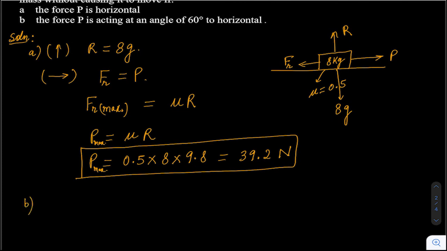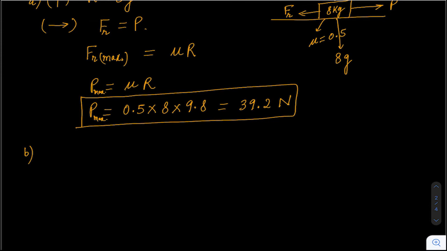So B part says the force is acting at an angle of 60 degrees to horizontal. So let's draw a diagram. The horizontal surface is there, the mass is there, 8 kg. A force is acting at an angle of 60 degrees.